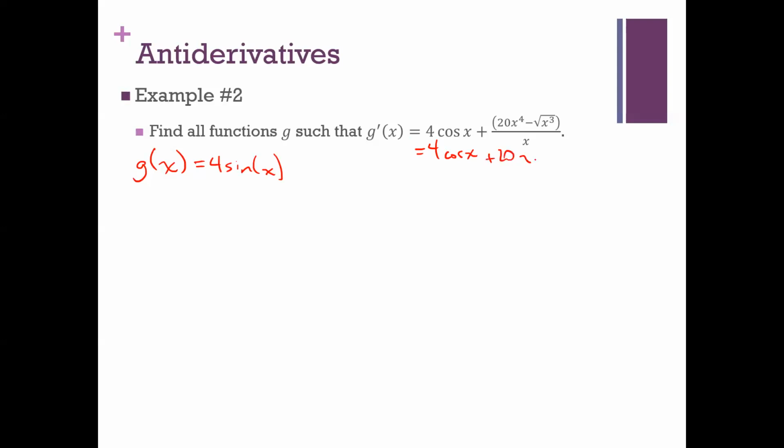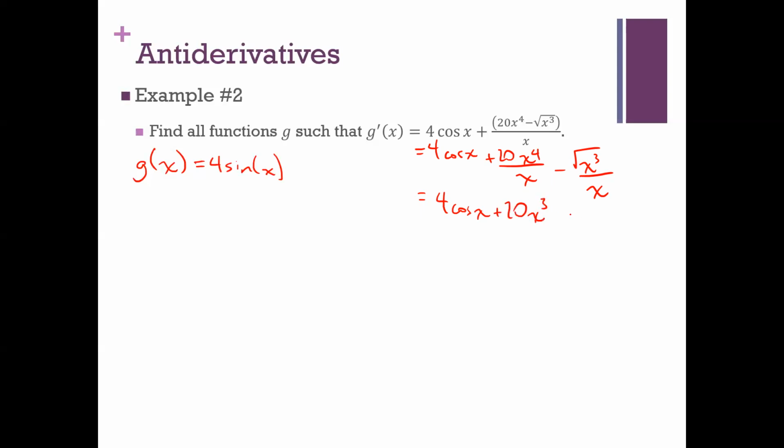So first I'll write this as 20x to the fourth over x minus the square root of x cubed over x. Are we okay with that? Can I keep simplifying from there? What does that middle term become? 20x to the third.